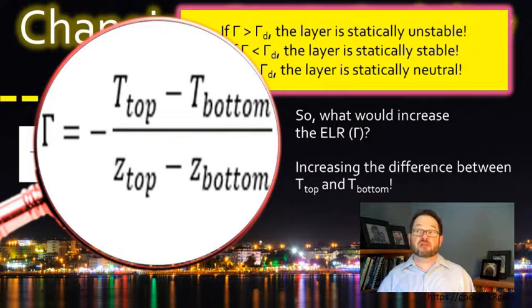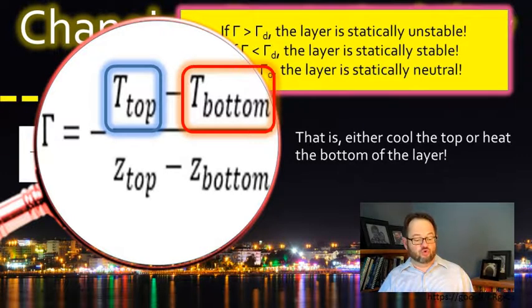In particular, I want that number to be bigger if I want this layer to be less stable. In other words, if I want to increase my environmental lapse rate. Well, that means I either need to cool the top, or I need to heat the bottom, or some combination of both. That would increase the difference between the temperature at the top and the bottom of the layer, which would make the layer less stable.